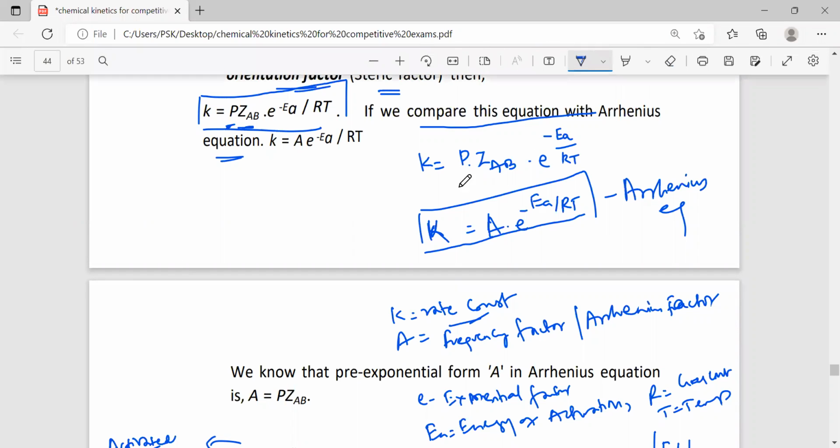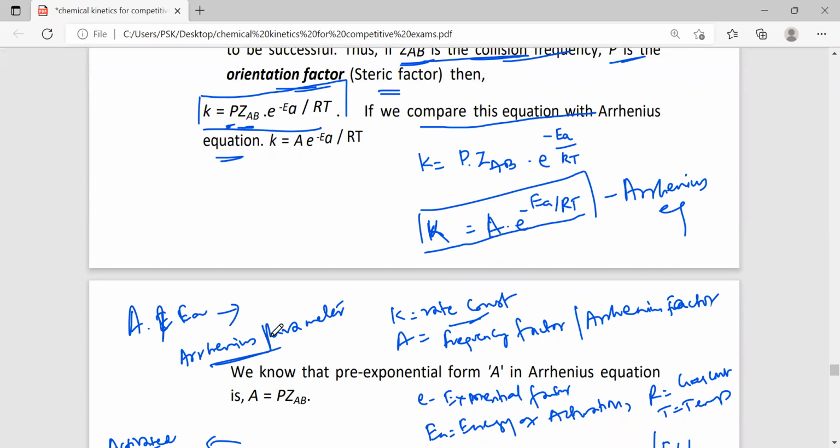Now this frequency factor and energy of activation together are called the Arrhenius parameters. Arrhenius is the name of a scientist. So collectively, the Arrhenius factor and energy of activation are called the Arrhenius parameters.